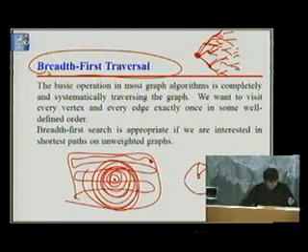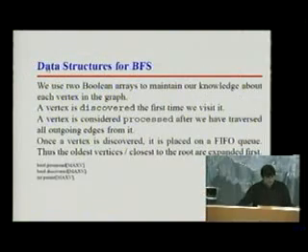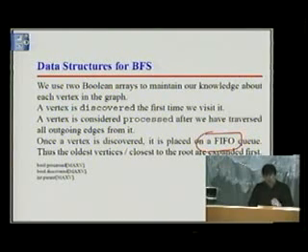The key idea that's going to separate breadth first search from everything else is going to be the structure in which we store the to-do list. What do we do next?